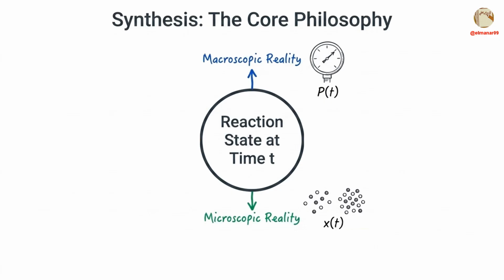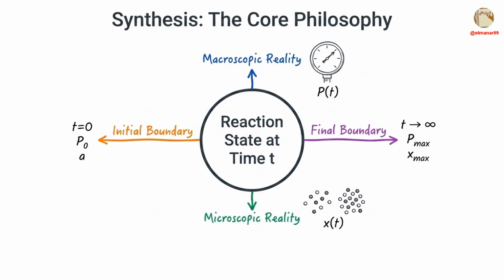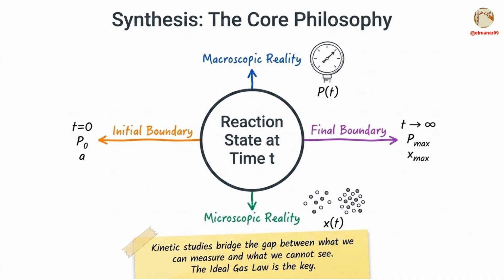The ideal gas law is the key that unlocks the door between these worlds. By understanding the boundaries, where we start, initial boundary, and where we end, final boundary, we gain a complete understanding of the reaction state at any moment. Never forget, science is the tool that lets us see the invisible through the lens of the measurable. Keep questioning, keep calculating, and keep being curious.